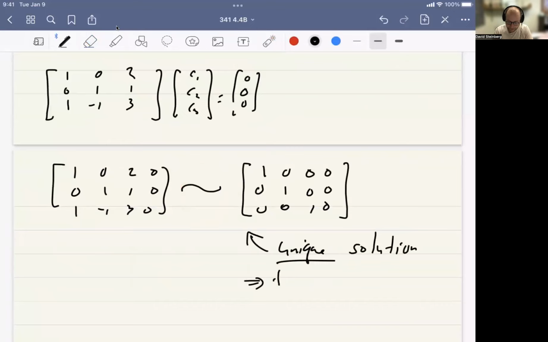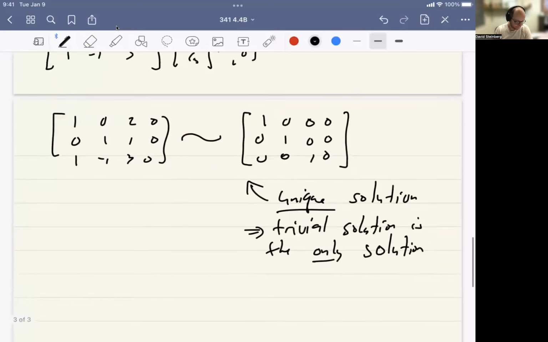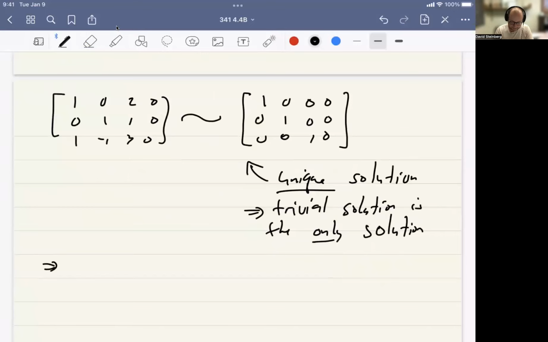So the trivial solution is the only solution. And so what does that mean? Well, it means that C1 is equal to C2 is equal to C3 is equal to 0. So those vectors are linearly independent.